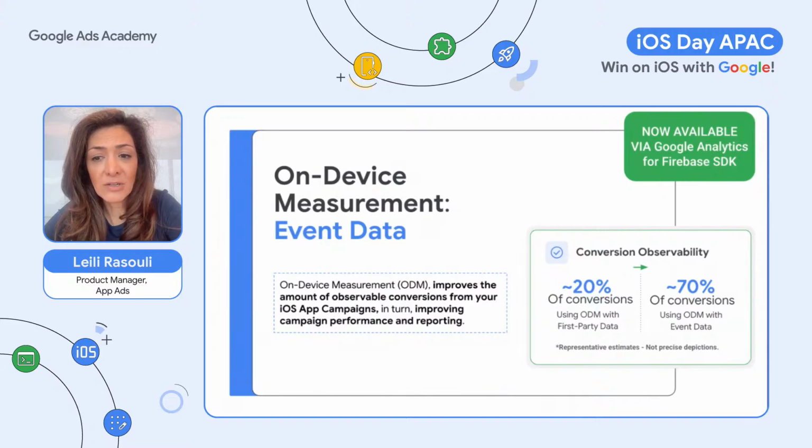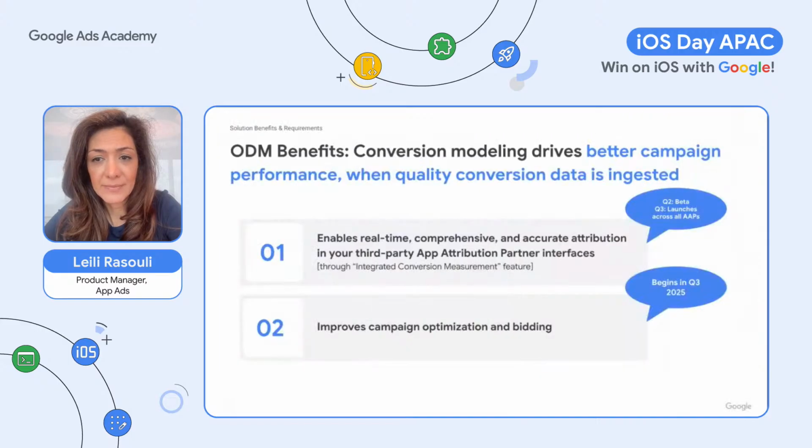We believe that using on-device measurement with Event ID will significantly enhance conversion observability, improve model training for better performance, and improve reporting representation in APs. The two major benefits of on-device measurement with Event ID are improving reporting and improving optimization and performance of campaigns.